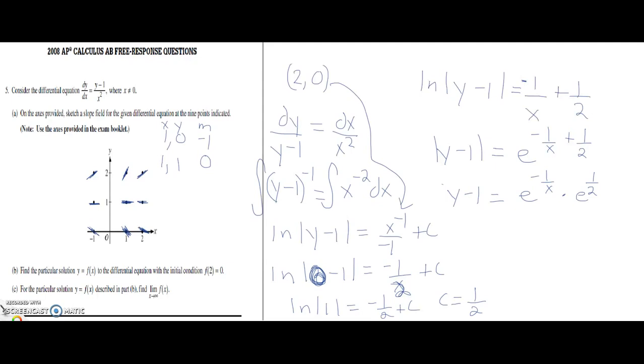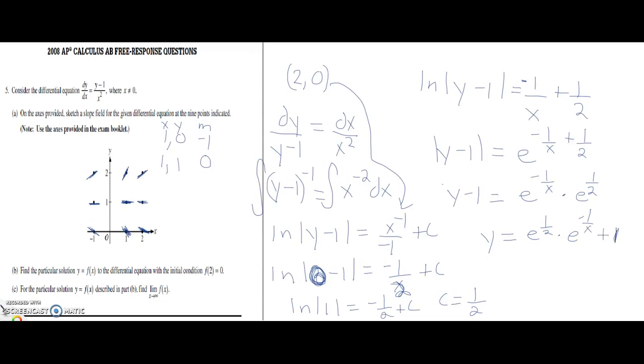So now we could write our equation. So it's going to be y equals, you could always figure out e to the 1/2, but this is a non-calculator question, so I guess you could kind of leave it like that. So you could write e to the 1/2 times e to the negative 1 over x, plus 1.